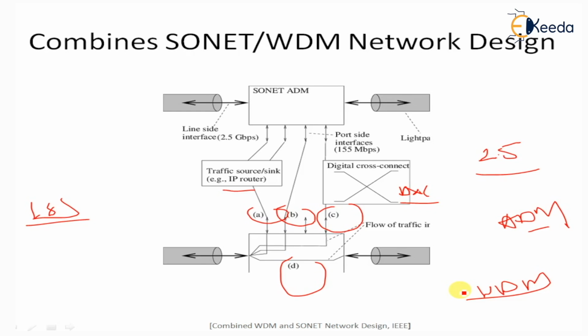For that, we consider the goal of minimizing the overall cost of the solution. I will explain two or three solutions. First, optical node cost, including the transponder, optical amplifier or optical switches. Second is the SONET ADM cost, including the line interface or port interface. And third is the digital cross connect cost.